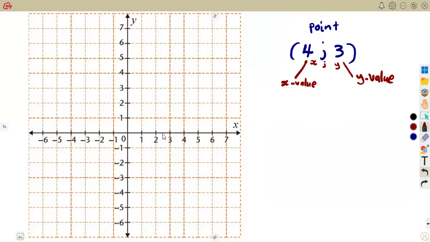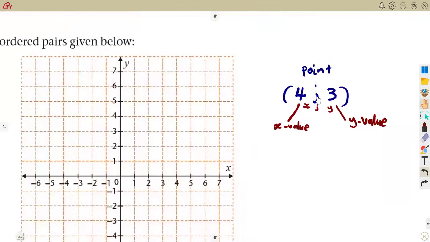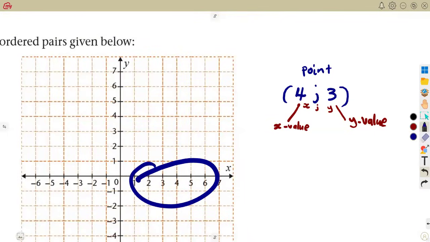So understanding this, let's say this (4, 3). Let's say we want to mark it, we want to indicate it on the Cartesian plane. This is what you're going to do. Where is x being positive? This side, so that is where you're going to propose that value of x. 4 is positive.